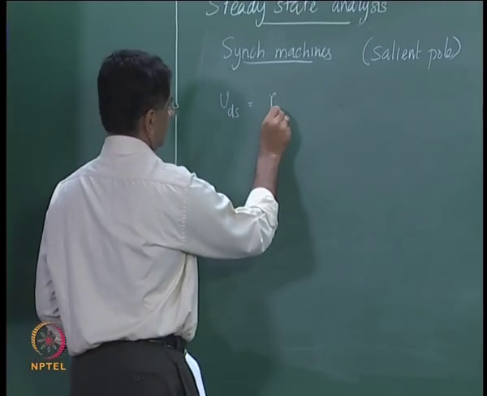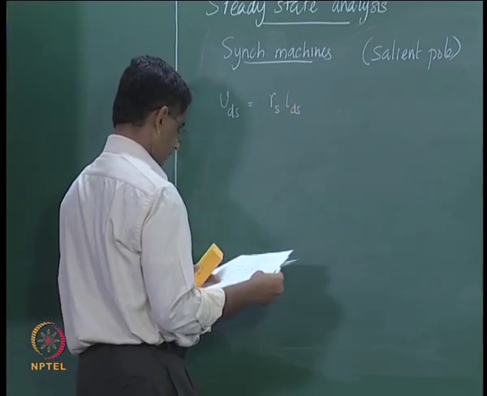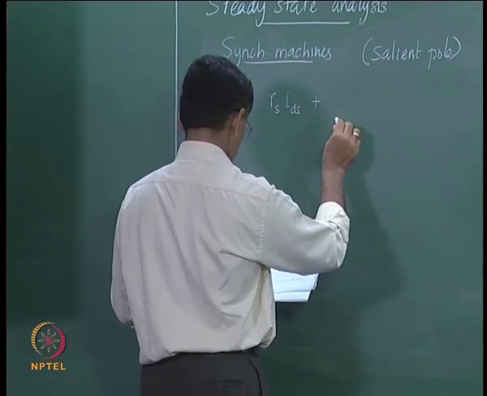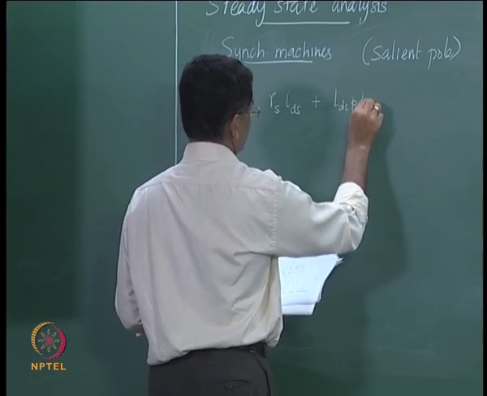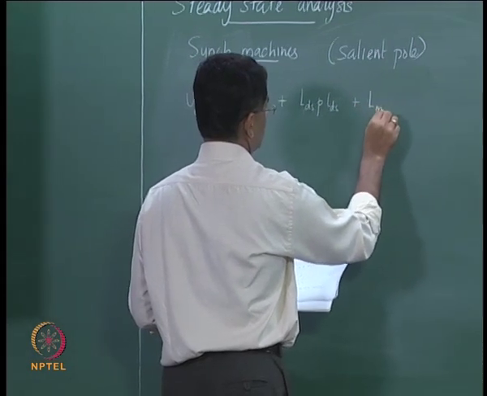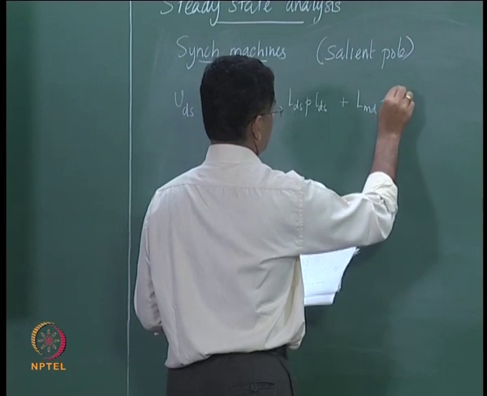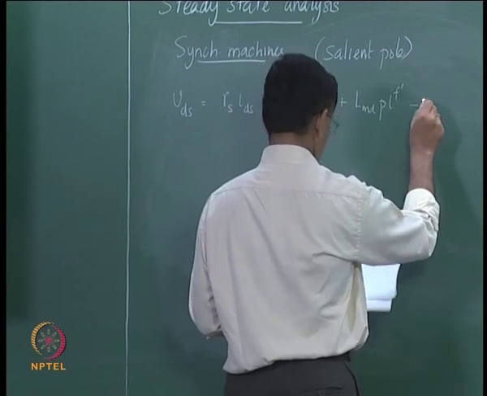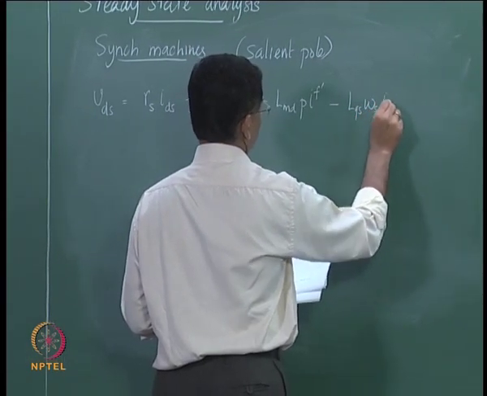Vds is nothing but Rs into Ids, plus Lds into pIds, plus Lmd into pIf dash, minus Lqs into omega s into Iqs.